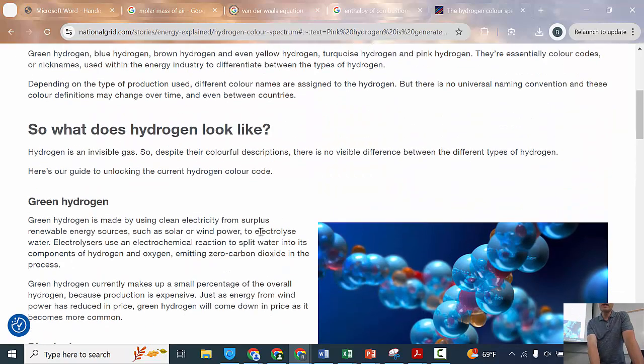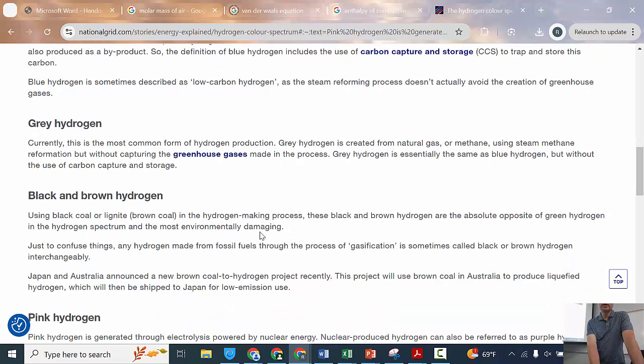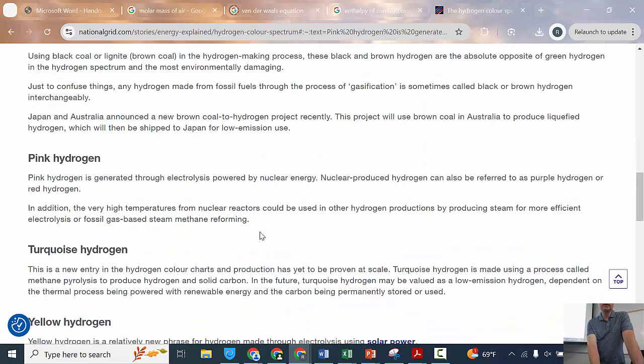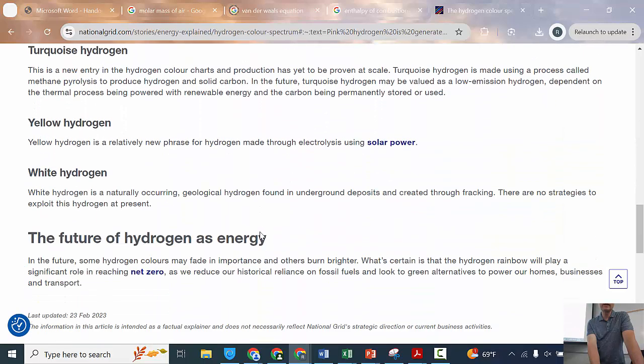So how many different types of hydrogen? Green, blue, gray, black and brown, pink, turquoise, yellow, white. And this is all part of the hydrogen infrastructure. Now I remember what the lawsuit is. They're suing Toyota because there were supposed to be many, many hydrogen filling stations in California.